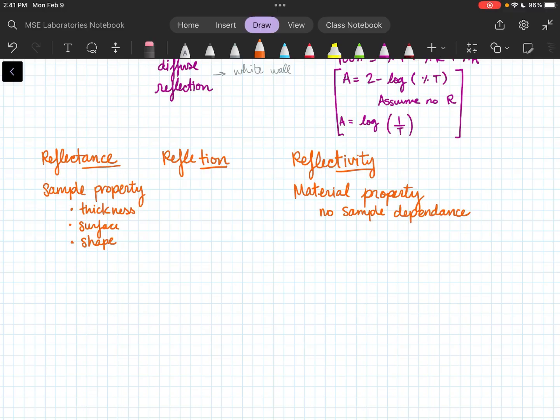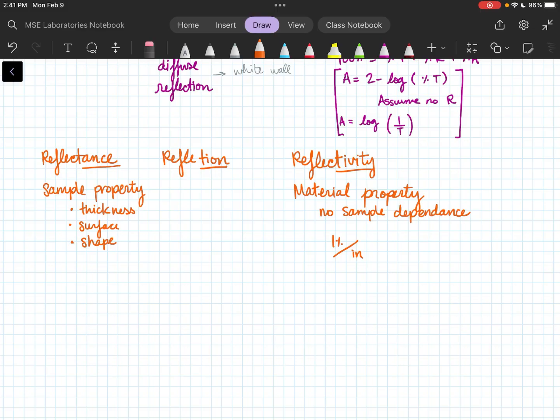On the flip side, reflectivity is a material property. And that's going to have no sample dependence whatsoever. So this would be like a unit, if I was talking about the absorptivity of glass, I would say glass absorbs, I don't know, maybe 1% per inch or something like that.